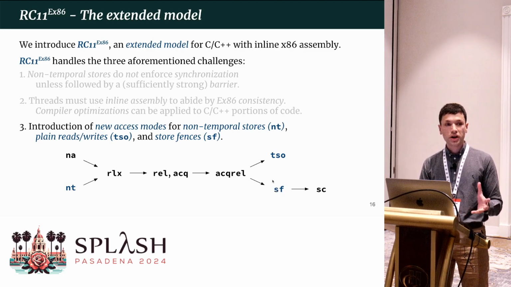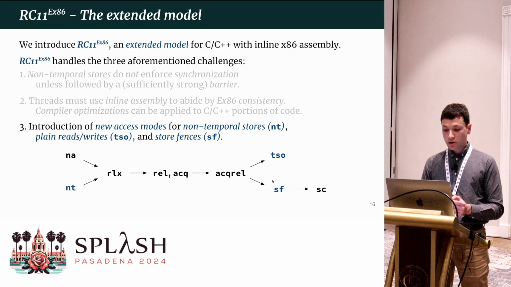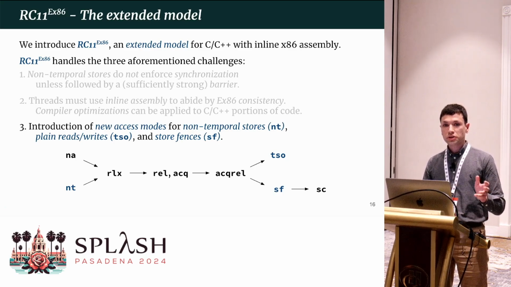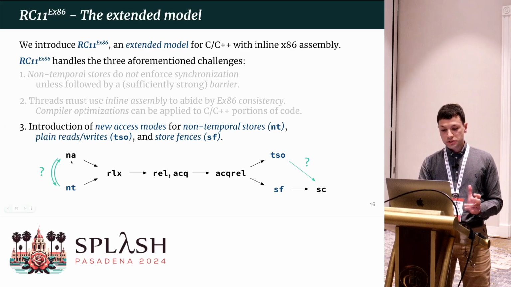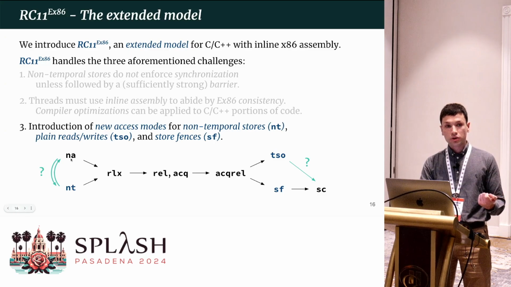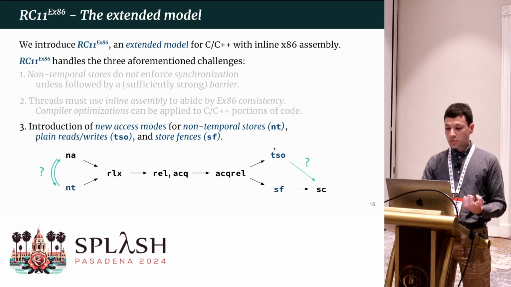What's striking about this ordering is that we don't have a total order anymore on the guarantees of synchronization. And it's weird that we don't have any relation between non-atomic access and non-temporal stores. It's also a bit striking that we don't have TSO as weaker than SC.